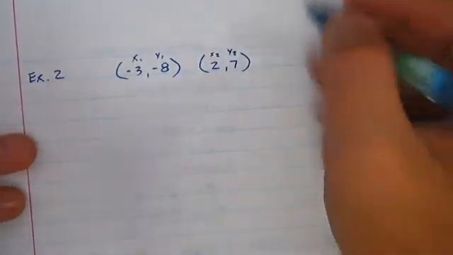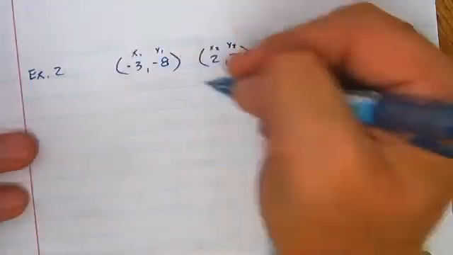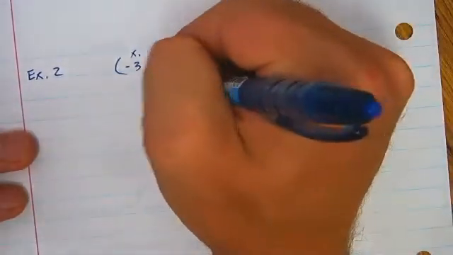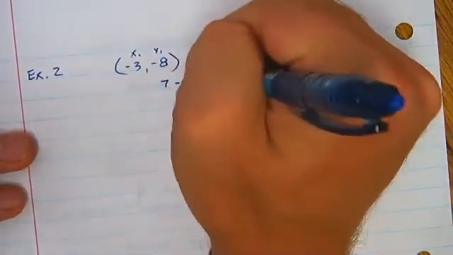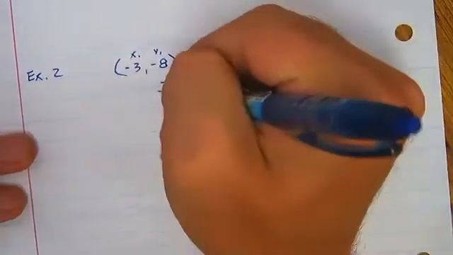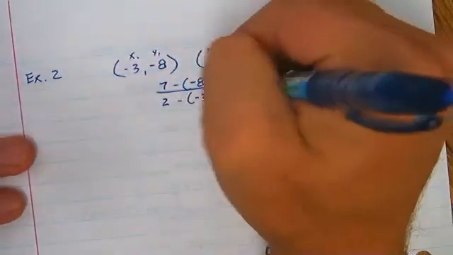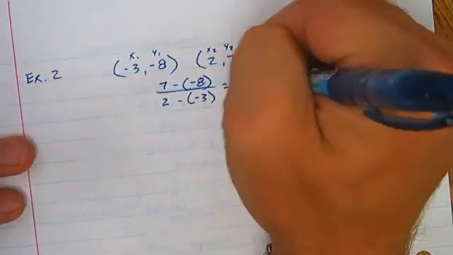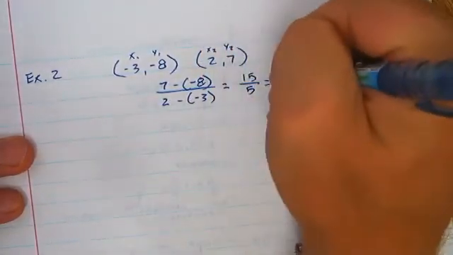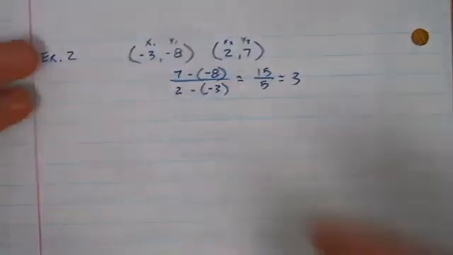If I remember correctly, we probably used these points in the past. That's going to be 7 minus -8 over 2 minus -3. I know we've used these in the past because that is 15 over 5, which is a slope of 3. So we know our slope now.